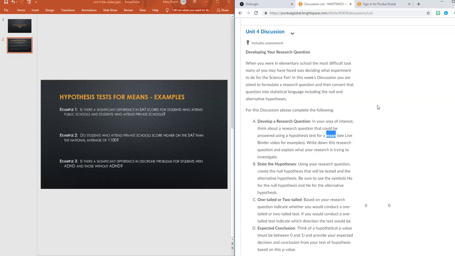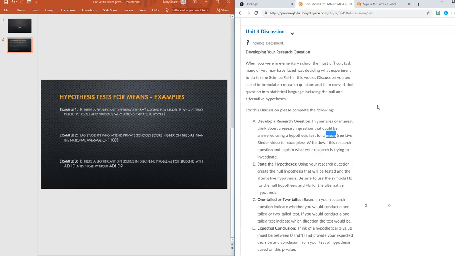And while those are great types of tests, interesting and really prevalent in the psychology field, over the next few weeks we are going to be focusing on tests for means. And if you think back to the earlier weeks of the course, we really only talk about means for quantitative variables. So that's, I think, one big thing that's going to make this a little bit tough this week: coming up with a research question where you are actually testing claims for quantitative variables.